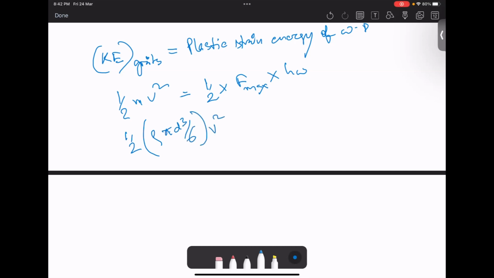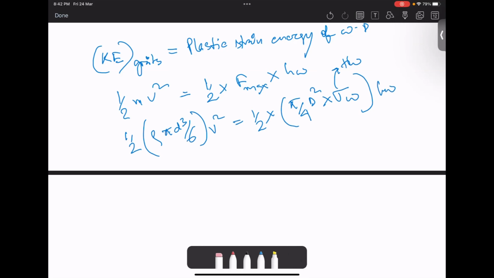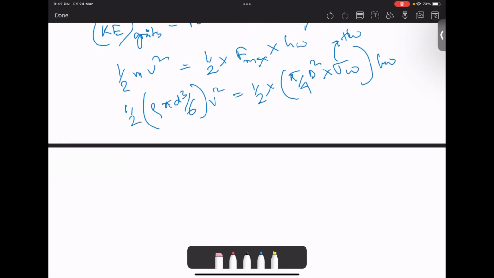Similar to the USM process, you just replace the mass in terms of density and volume. Okay, and let the force be the maximum force, given by the area of indentation into the hardness of the workpiece, or you can say the stress of the workpiece. This is almost equivalent to hardness. Keep the depth of indentation as it is.